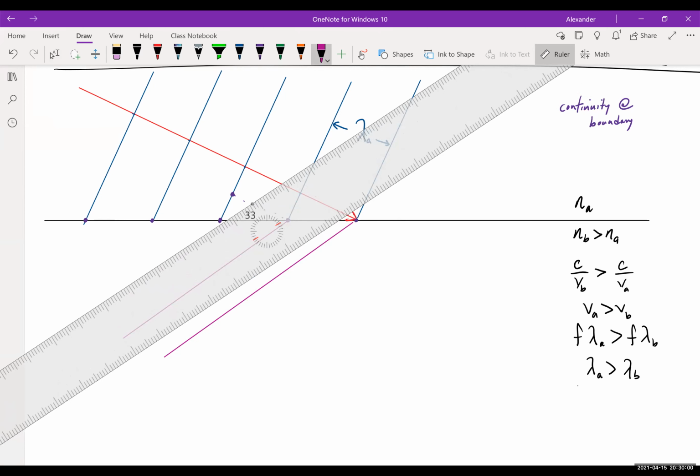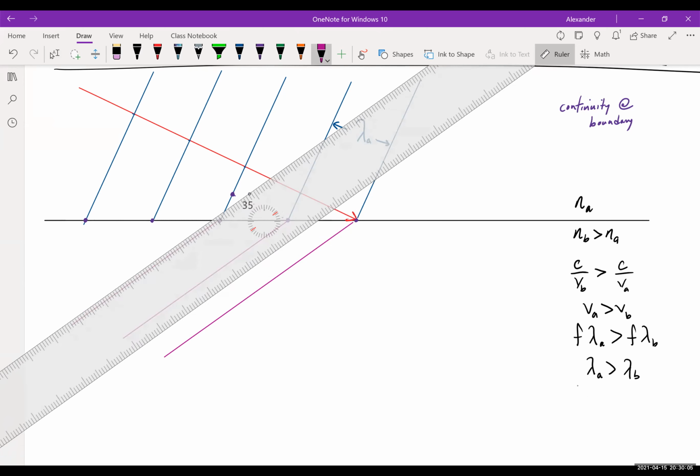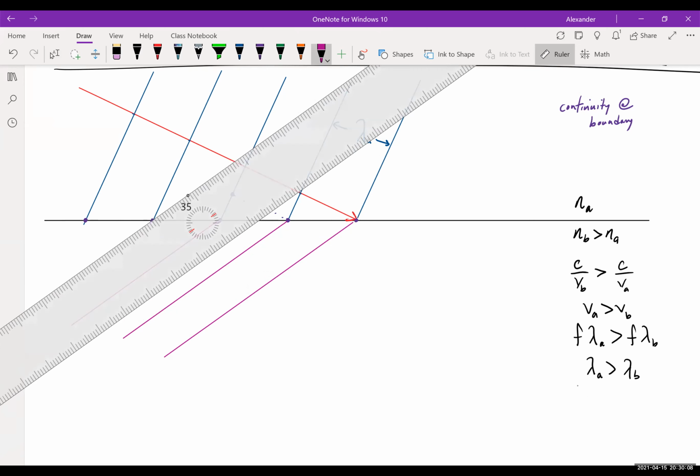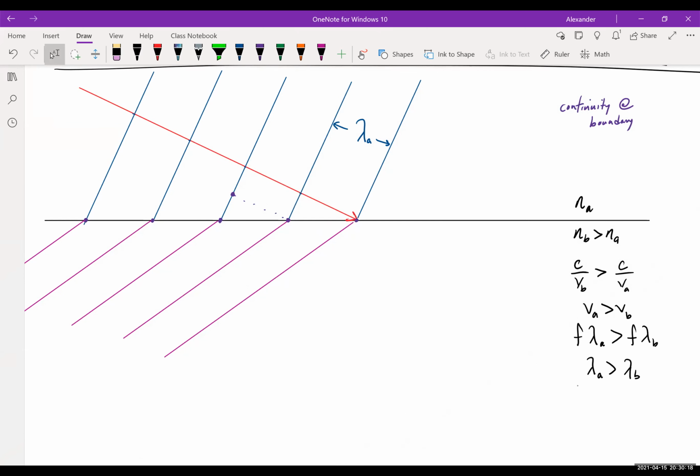They have to bend. So that this new wavelength is smaller.